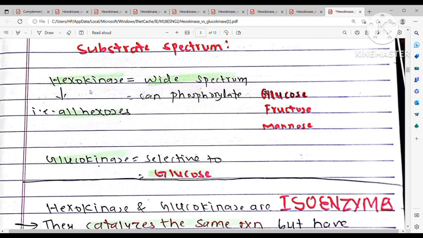For example, a mother can travel only with her husband. That is selective. But a baby, let's say a girl, can travel with any person. It is not selective. So hexokinase is not selective, but glucokinase is selective.